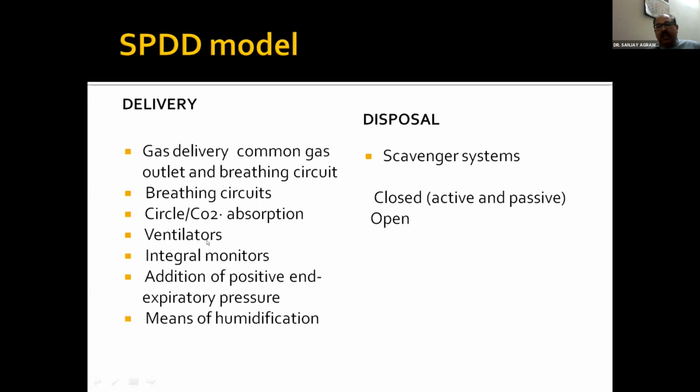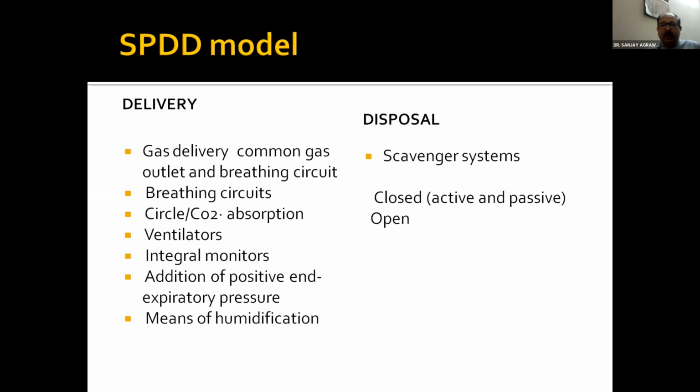The first D, the delivery, is gas delivery, common gas outlet, and the breathing systems, the breathing circuits, CO2 absorption, ventilators, integral monitors, addition of positive end expiratory pressure, and means of humidification. And the last D is disposal, that is the scavenging system, which may be either a closed or an active or a passive scavenging system.